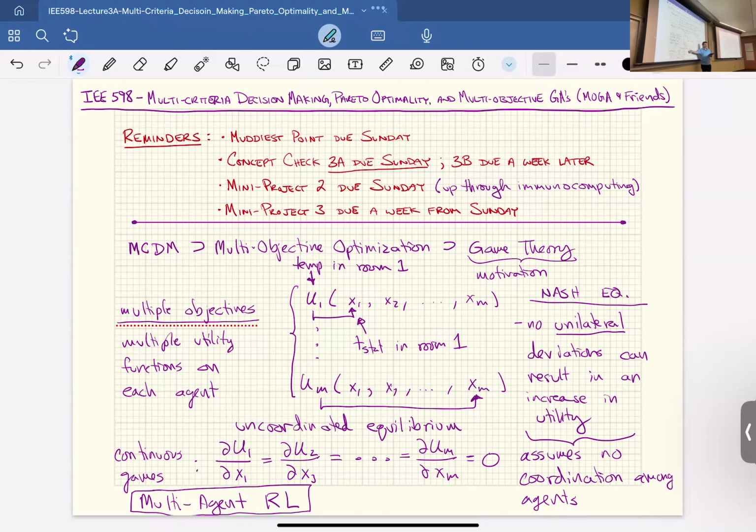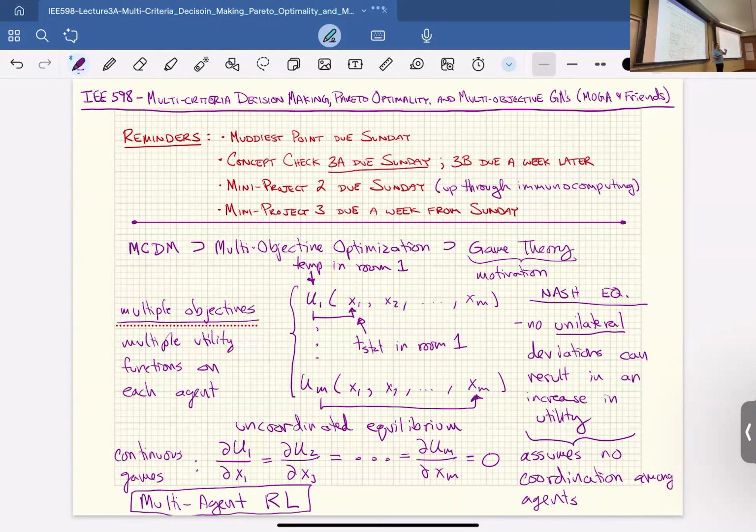So sometimes when we're stuck designing algorithms on networks, if the only mechanism we have available is to seek out local gradients, then what we have to do is figure out ways to design the utility functions and how they're perceived by each individual agent so that the Nash is not that bad of a solution. It may not be the best solution, and the difference between the best solution and the Nash is sometimes called the price of anarchy.